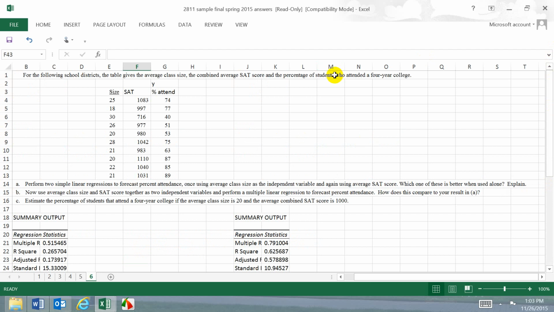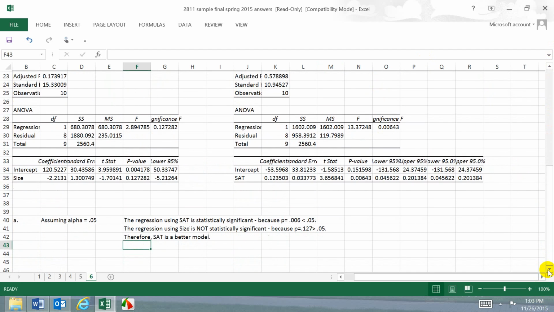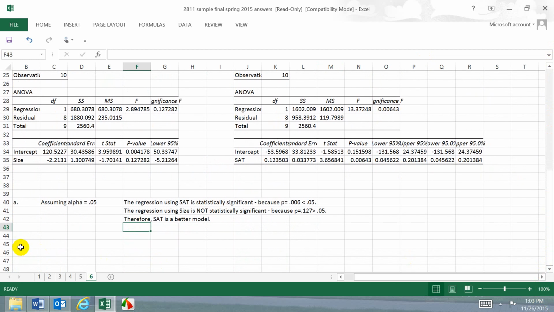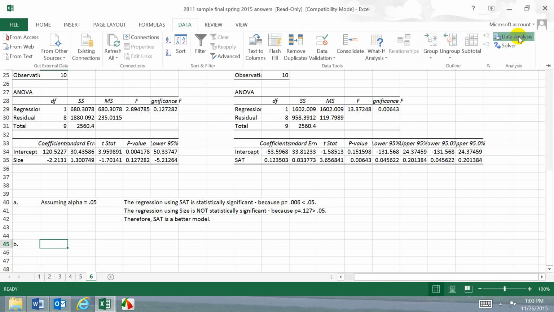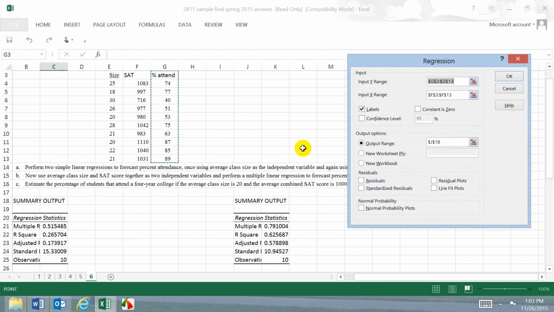Now use average class size and SAT score together as 2 independent variables to form multiple linear regression. How does it compare to your answer in A? Alright. Let's see. So we want to use both together. The y variable, the dependent variable, is the same.